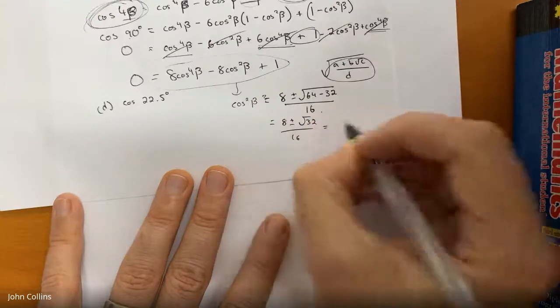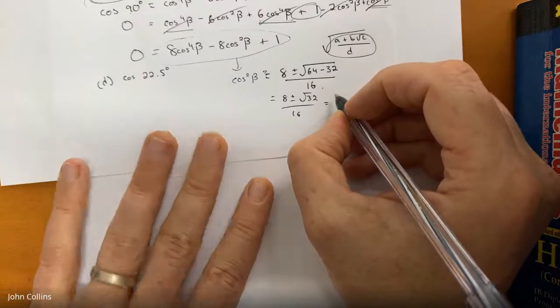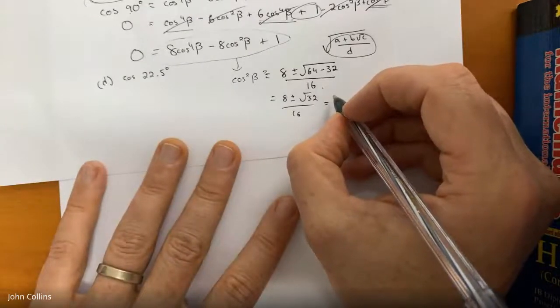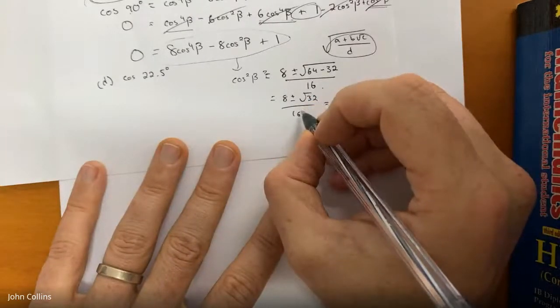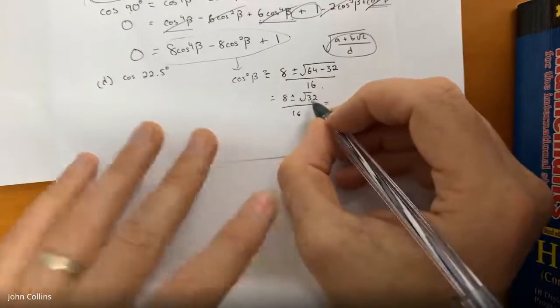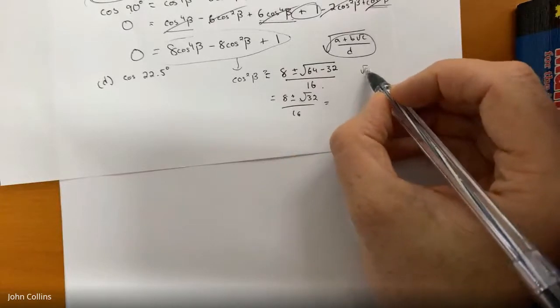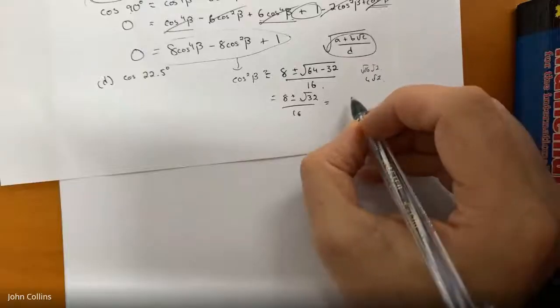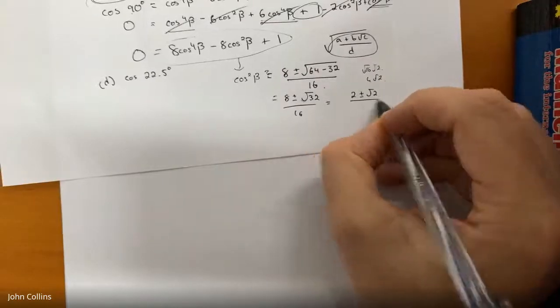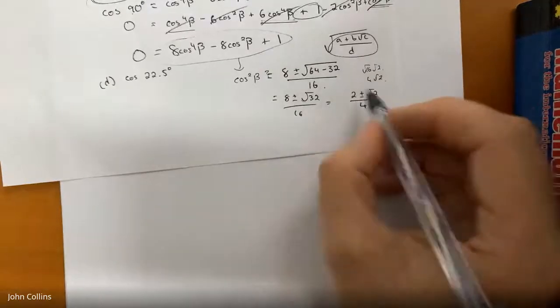I think we can simplify this even further. It's going to be divided by 4, because root 32 is going to be root 16 times root 2, isn't it? So that's going to be 4 root 2. So it's going to be 2 plus or minus root 2 all over 4. Sweet. Okay. And then you just square root that, and then that's the answer.